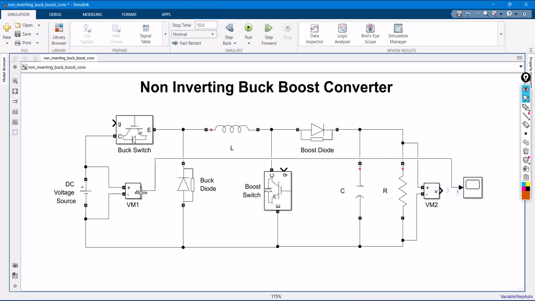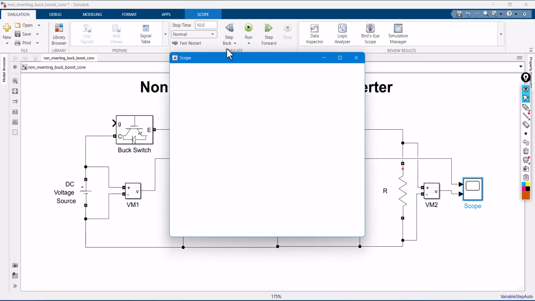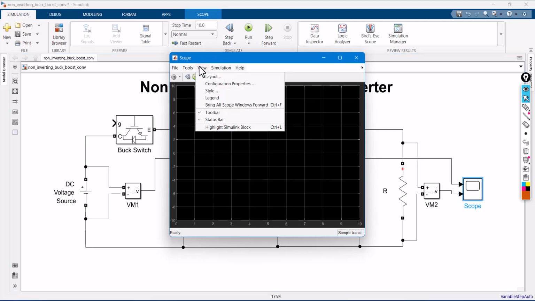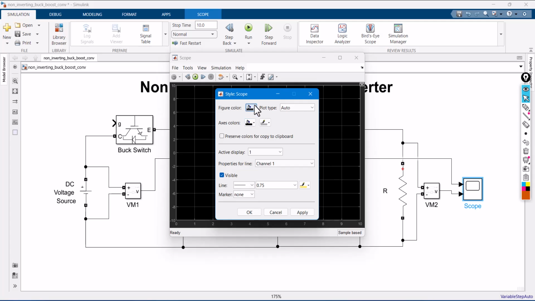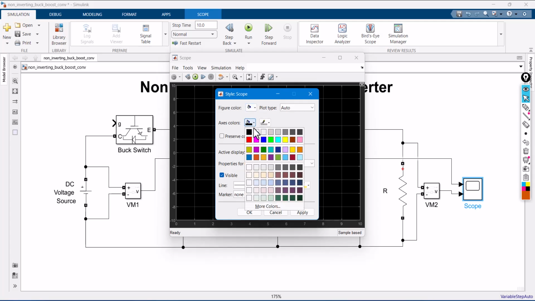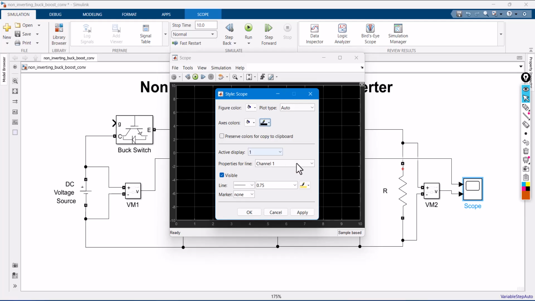I'll change the background of the scope for better visibility. Go to view style. It depends upon your requirement, you can choose the background. Figure color as white, axis color as white, pen as black.